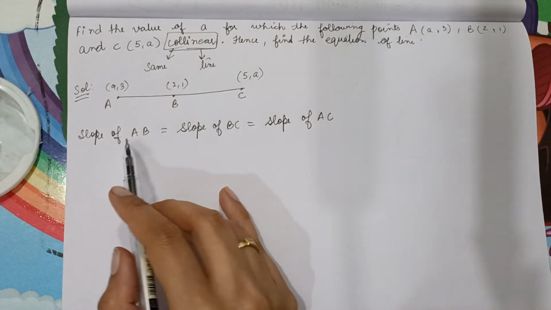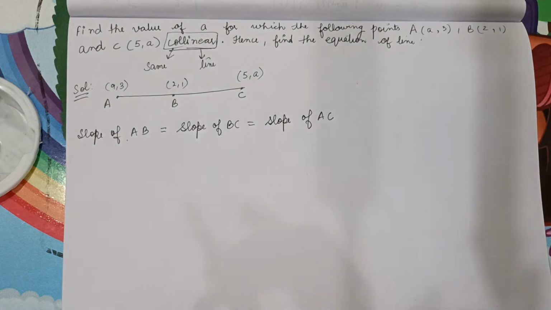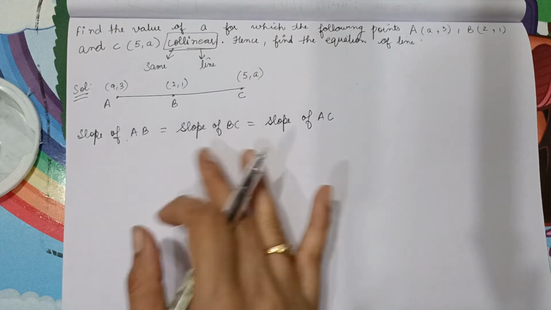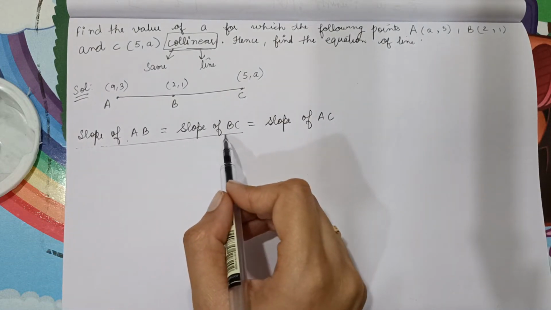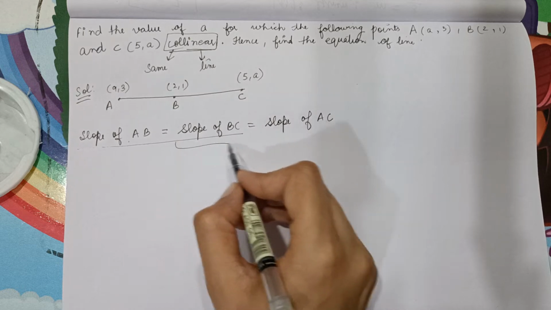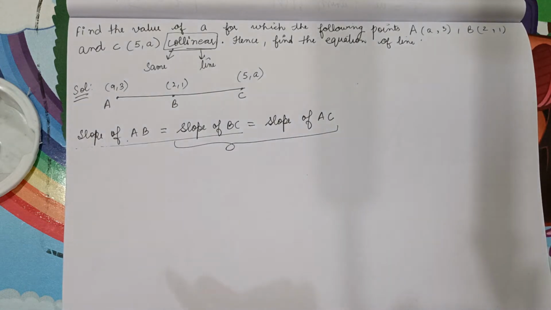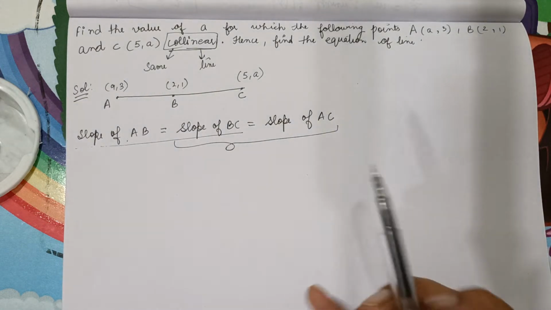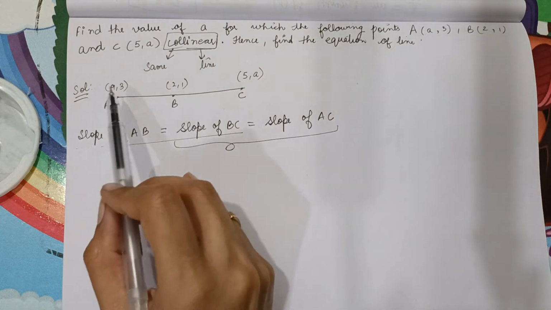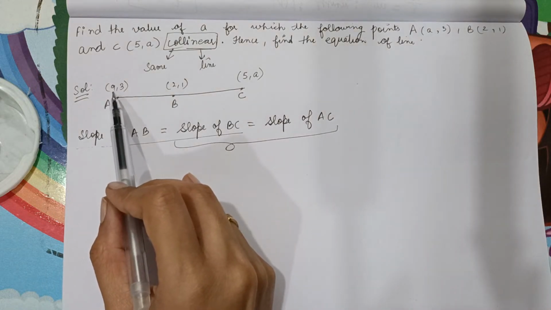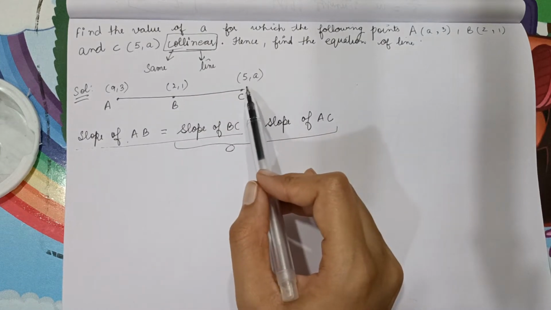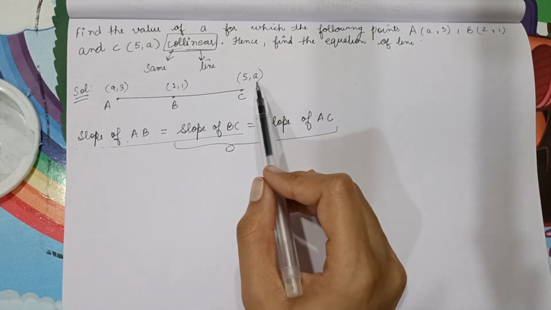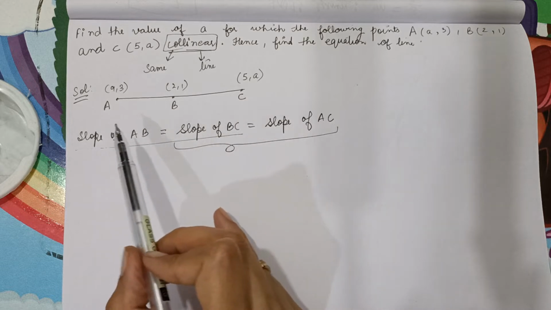Now slope of AB equals slope of BC equals slope of AC. We can choose any two, but we have to see which two to choose. A's coordinates are a, 3; B's coordinates are 2, 1; and C's coordinates are 5, a.